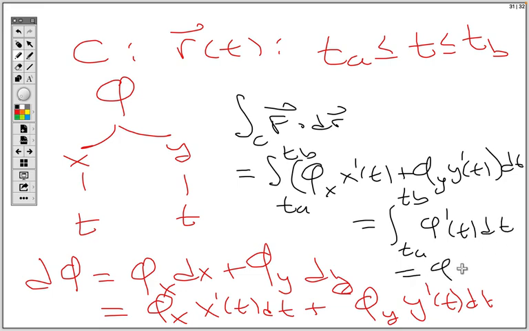And so if you use parameterizations, it literally is the fundamental theorem of calculus. You get phi at the one endpoint minus phi at the other.